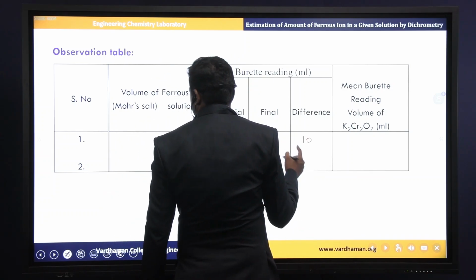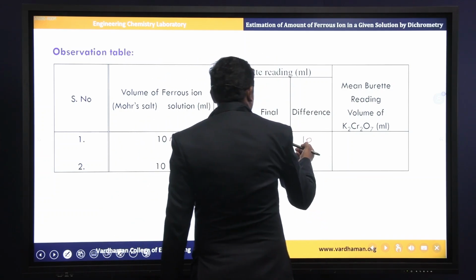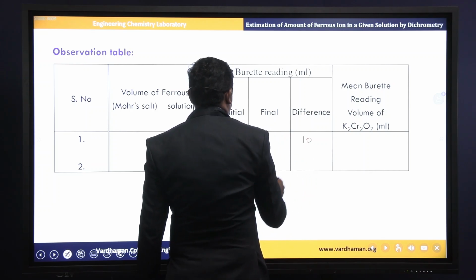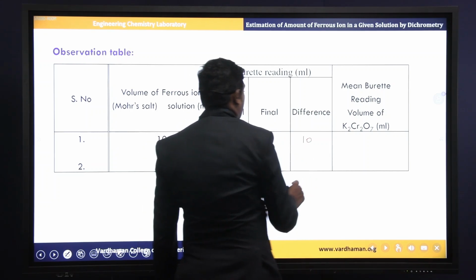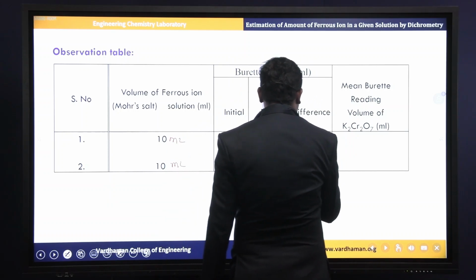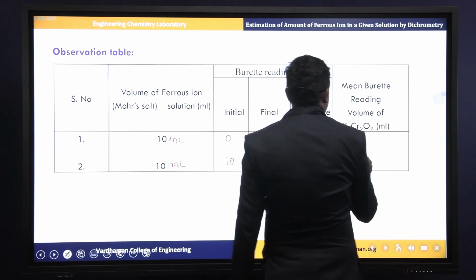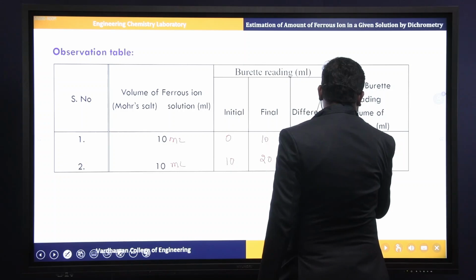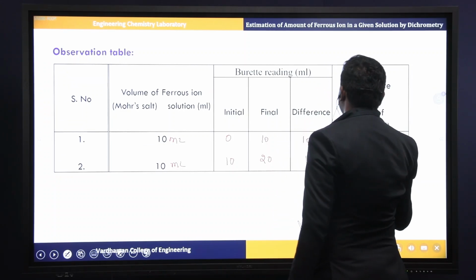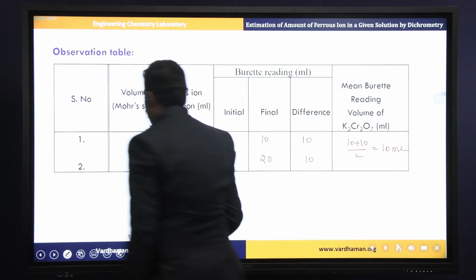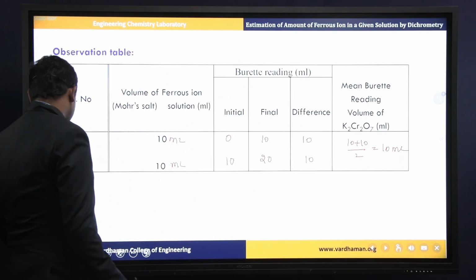Because in the first time we got 10 ml. For example, suppose the final reading is 20. What is the difference? 20 minus 10, 10. The average volume of potassium dichromate is 10 plus 10 by 2, that is 10 ml of potassium dichromate required for the neutralization reaction.